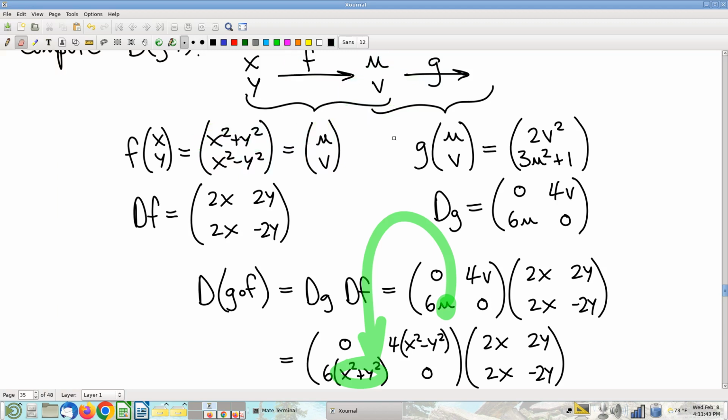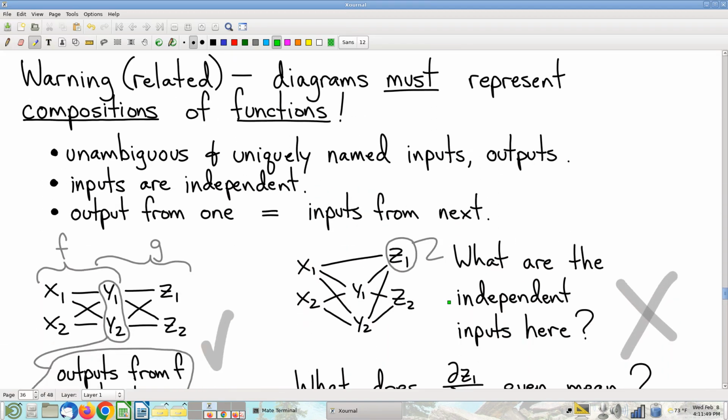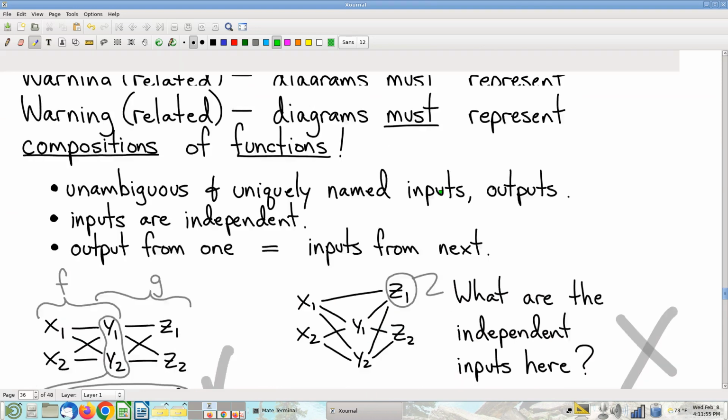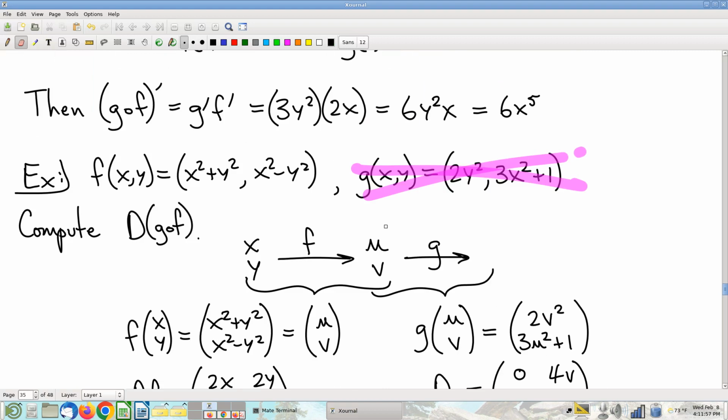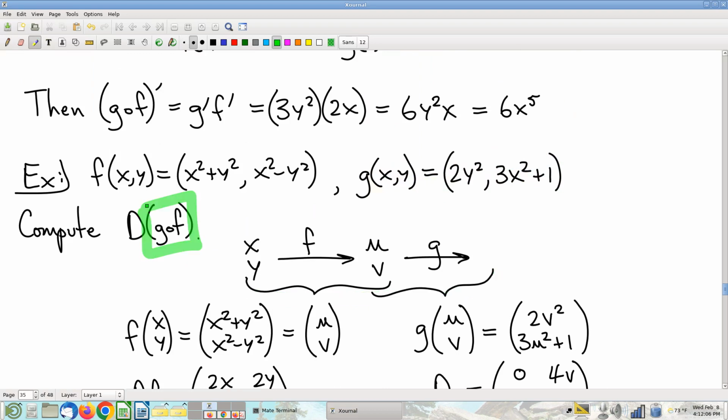Alrighty. So next thing, another potential problem. You gotta make sure that when you draw these diagrams, and let me go back up here to where we were, diagrams like the one we were just working with, your diagrams have to be representative of an actual composition of functions.